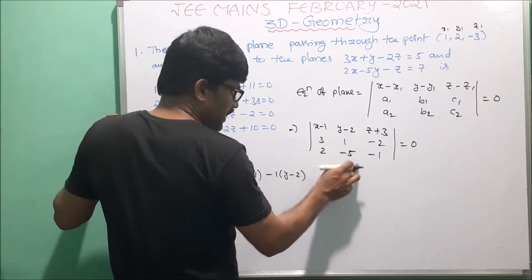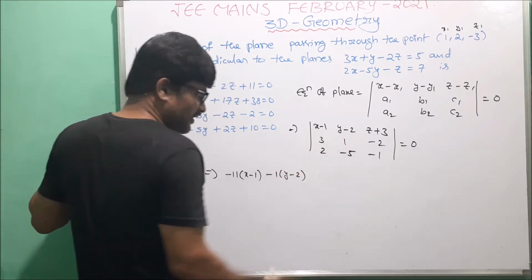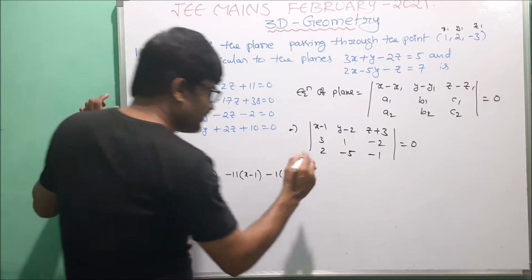Similarly for the third term, cross multiplication gives 3(-5) - (1)(2) = -15 - 2 = -17.